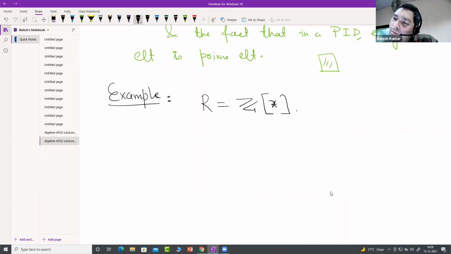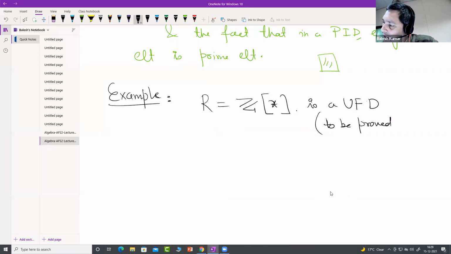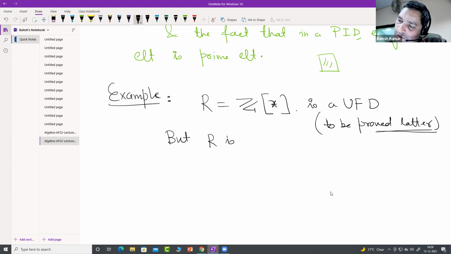One of our aims is to prove that Z[X] is a unique factorization domain, though the proof is not easy. It will be proved in coming lectures that this is a UFD, but R is not a PID.